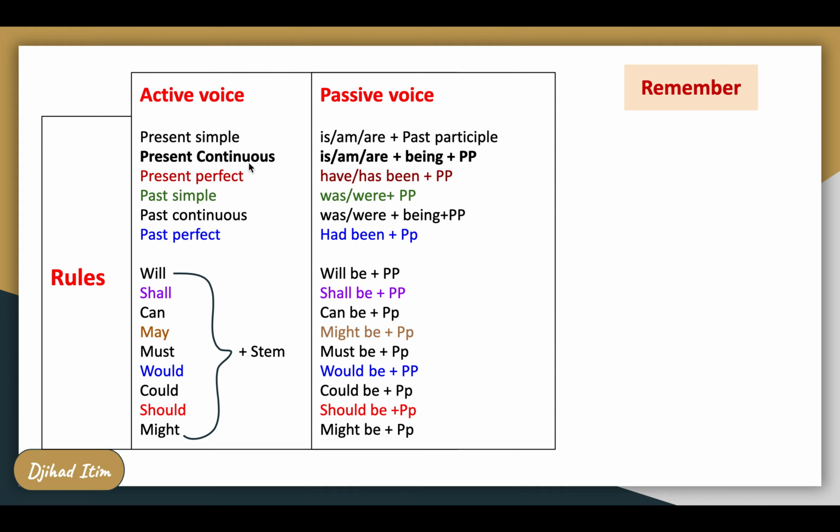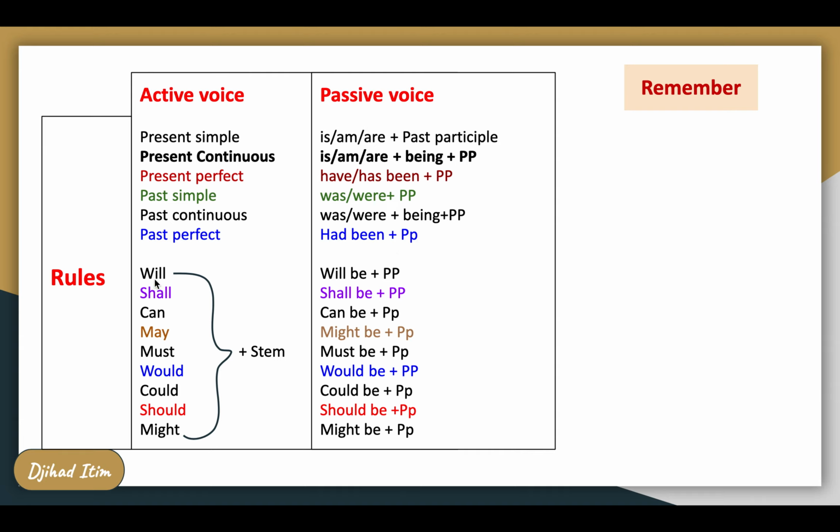For present continuous you say is, are plus being plus past participle, but for past continuous you use was or were. For the past perfect, you use had been plus past participle of the verb.